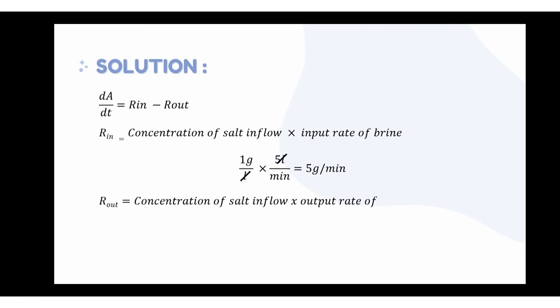Meanwhile, the salt is leaving the tank at the rate of A(t) over 300 grams per liter times 5 liters per minute, equal to 1 over 60 A grams per minute. Then we substitute the values into this formula and simplify it. It will become dA over dt plus 1 over 60 A equal to 5.